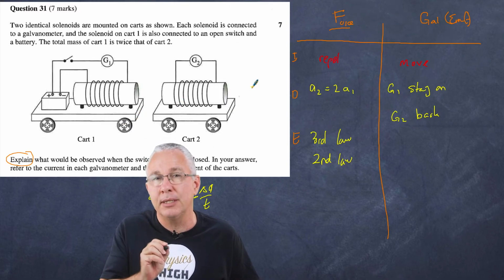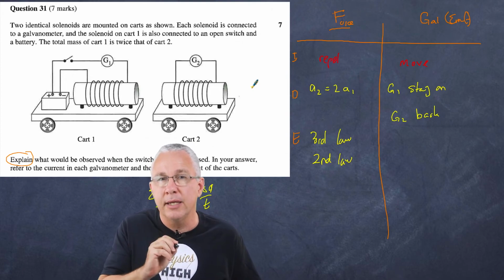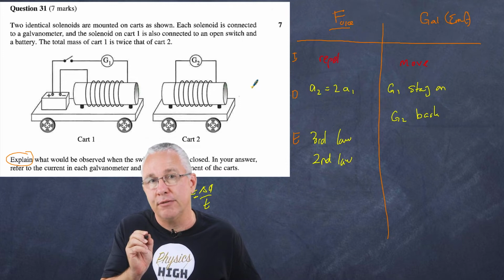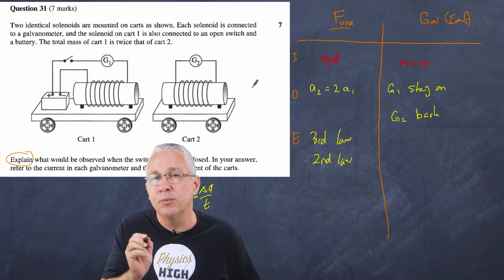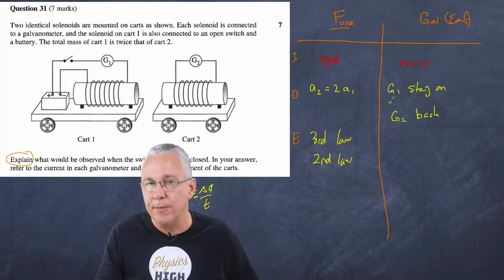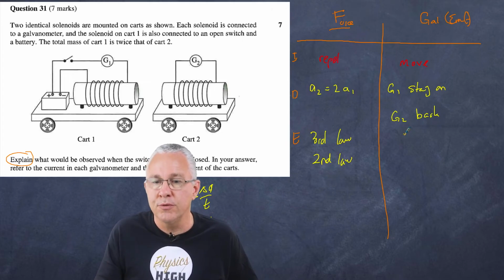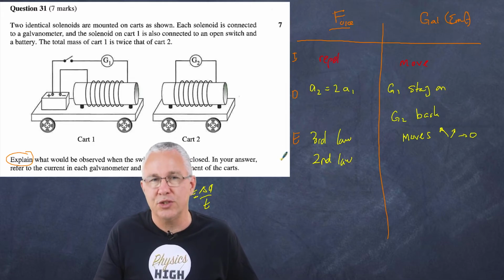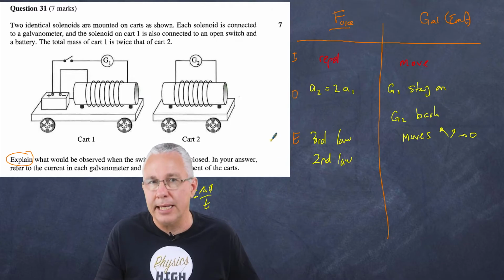So initially what will happen is it will flick one way, then throw the other way due to the changing flux that it's experiencing as it moves away, and then it will again go to zero. So in essence, the needle moves backwards and a little bit forwards, but then to zero, which is in contrast to what G1 does, where it remains fixed at a constant current.